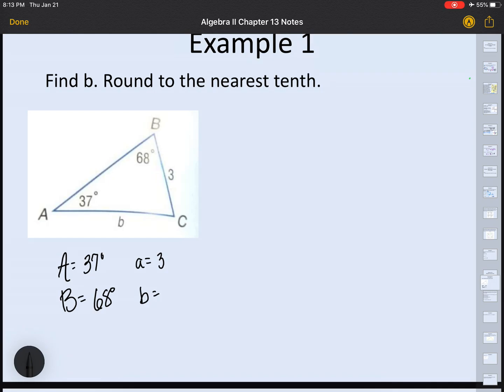Because according to the law of sines, we can set up a proportion. The sine of angle A, or 37 degrees, over the side length of A, which is 3, is supposed to be equal to the sine of B, which is 68 degrees, all over little b, the side length of B, which we don't know and we're trying to figure out.